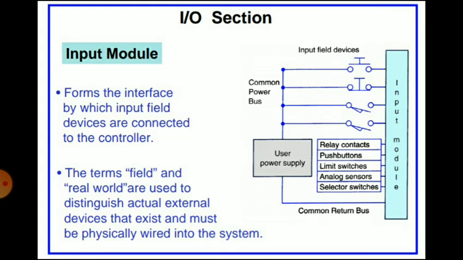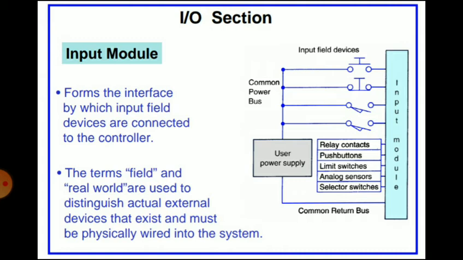Then IO section, that is input module, regarding the interfacing. In both methods, the input system consists of modules that form the interface by which field devices are connected to the controller. You can see an input module forms the interface by which input field devices are connected to the controller.